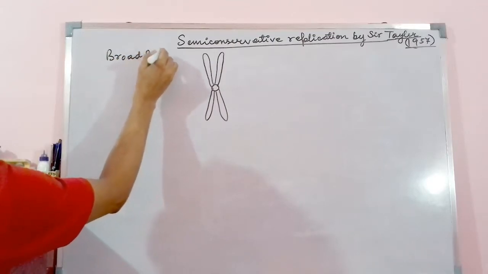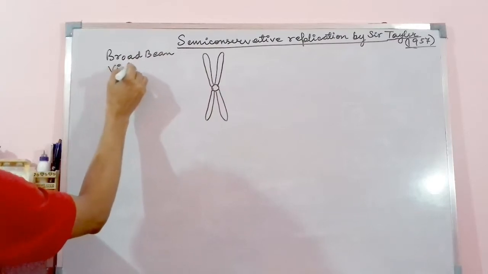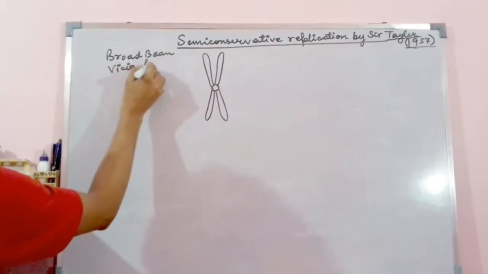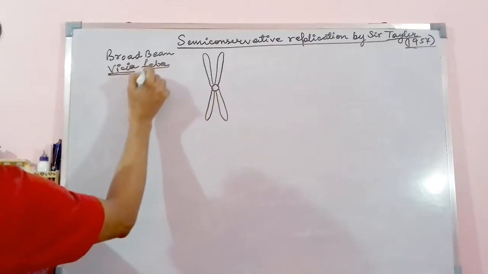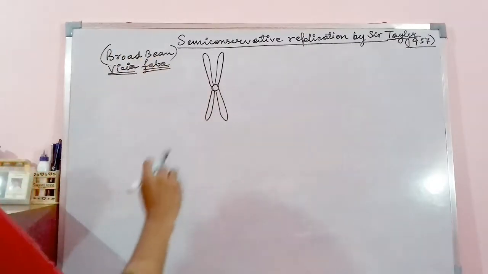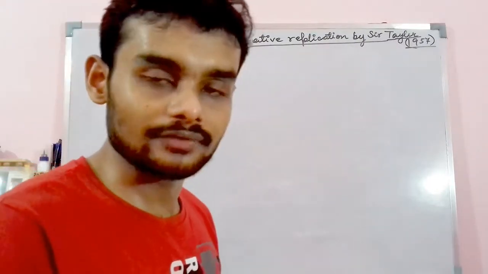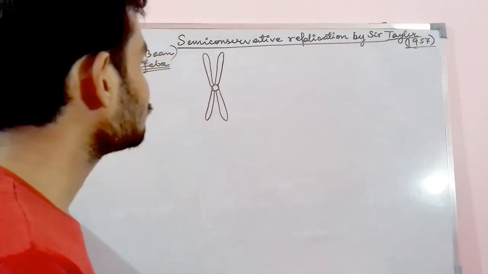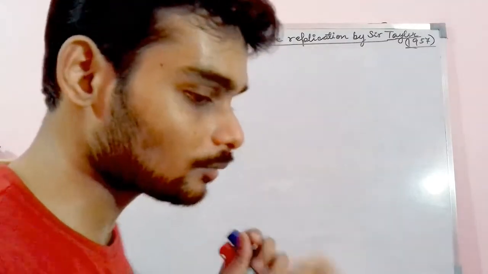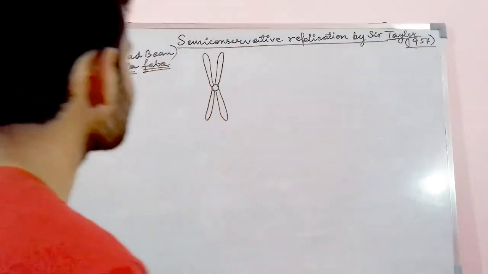And in 1957, in order to understand the model of replication, how the replication was actually happening, how one chromosome gave rise to another subsequent chromosome, he performed this experiment.